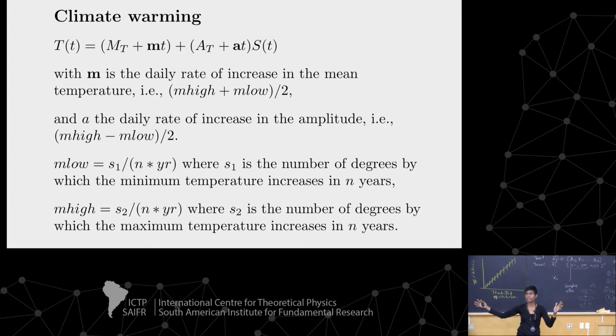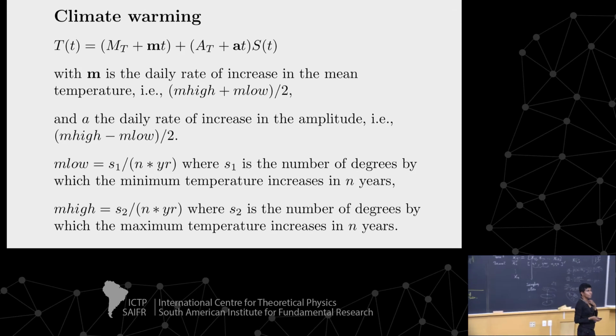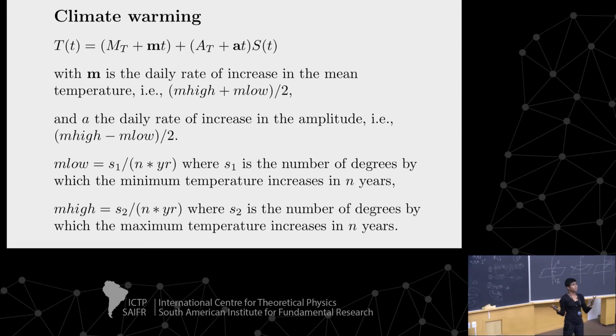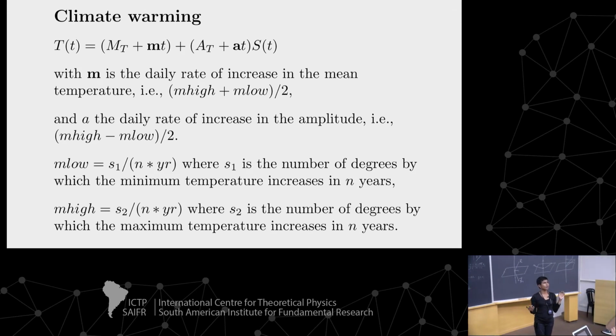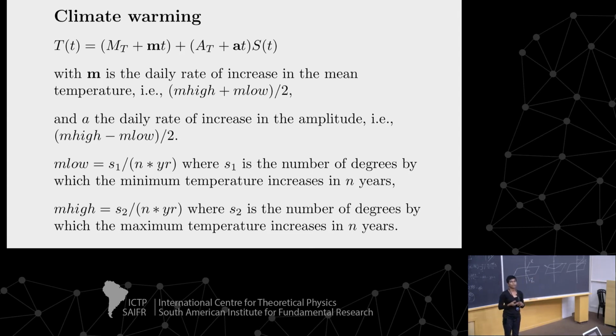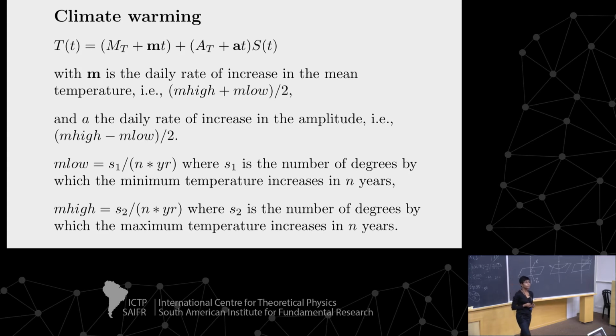Most people actually want to make a prediction for the next 100 years because we really don't care what happens in a millennium. We might not be there. And also then you look at the IPCC predictions. How many people can tell me what the projected increase for this century is? You should look it up. It's 1.5 degrees Celsius at the minimum. Okay, it's very important to know this.